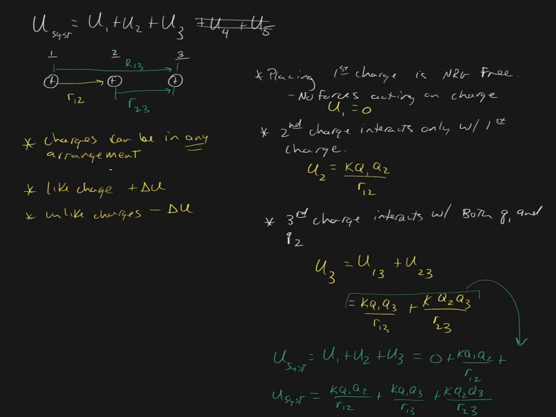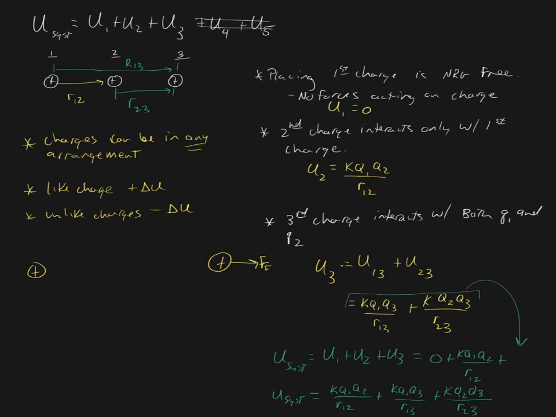The reason for this, I think, is pretty simple to see. If you have a positive charge here, and you're bringing a positive charge from out here, then there's an external force pushing forward, but there's a repulsive force pushing backwards. And it's that repulsive force, the electric force, which is doing the work for our energy.